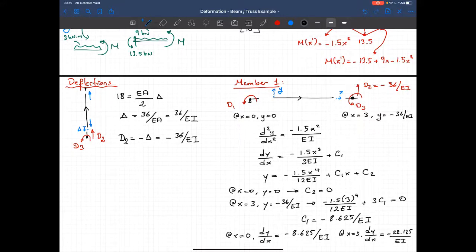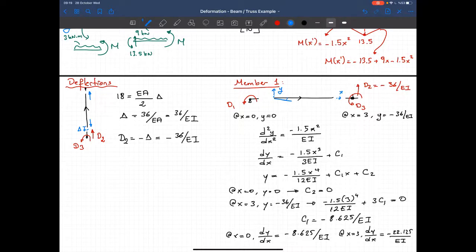And let's plot the deformed shape. So what I did here is I just used this equation, put x equal to 0, 3, and obtain this value. So let's plot it, okay? So here we see a deformation, 0 translation, but we have a clockwise rotation.